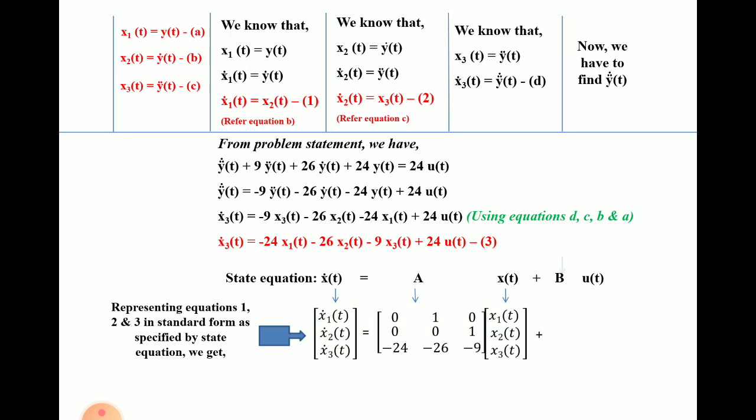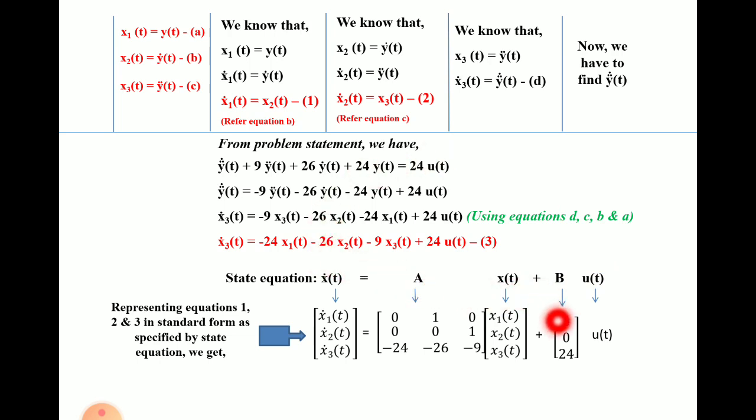Then we have our B matrix, which is multiplied with u of t. Again, we have already discussed how to write B, but in case you are wondering how did we arrive at B, you analyze B is associated with what here? U of t. So the coefficient of u of t in the expression for x dot of t.